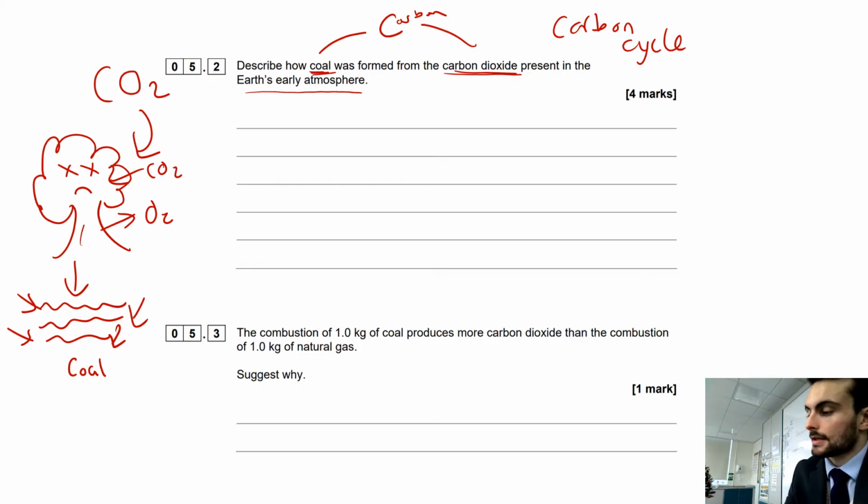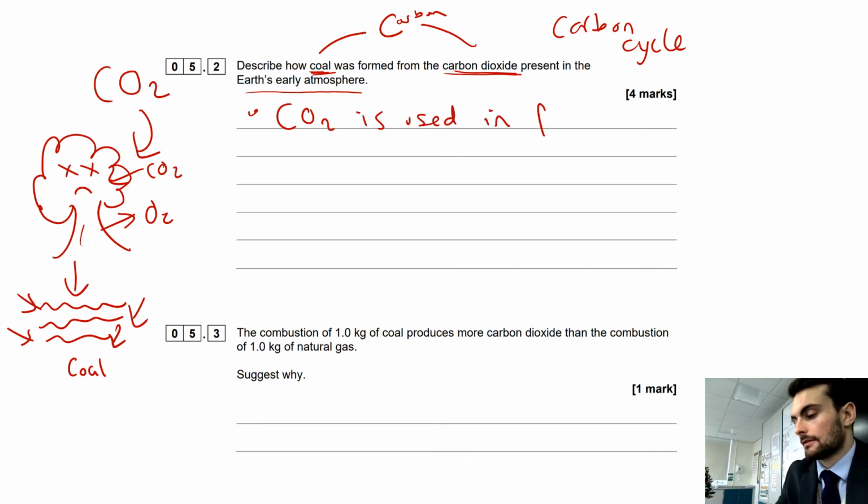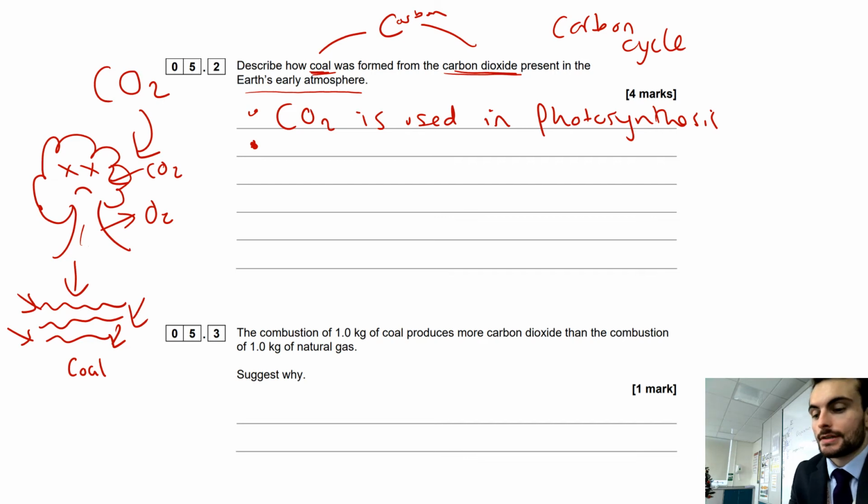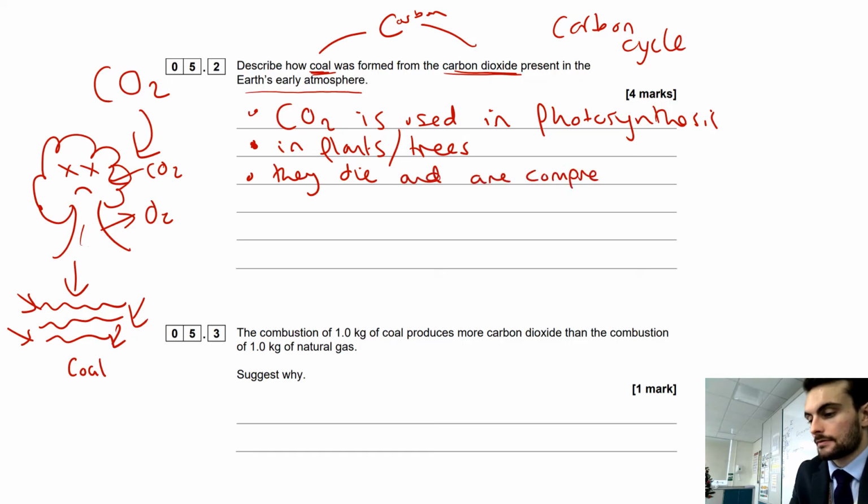So all we need to say is, first one would be carbon dioxide is used in photosynthesis. And then what ends up happening, where does it get used? In plants or trees. Okay, they end up dying, so they die and compressed underground.